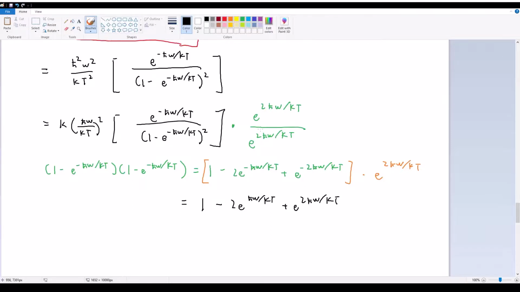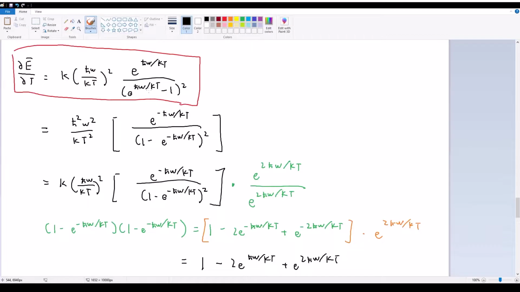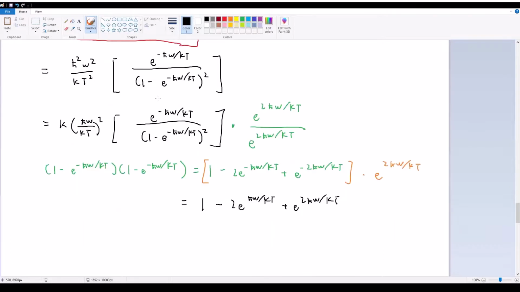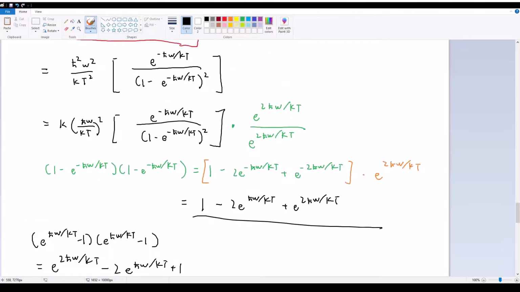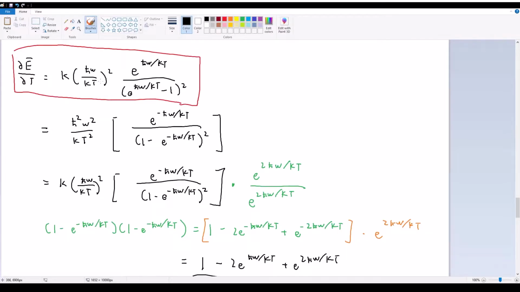So if I then compare that to what I'm expected to get, which is e to the h bar omega over kT minus 1 squared, so e to the h bar omega over kT minus 1 times e to the h bar omega over kT minus 1, this is going to give me e to the 2h bar omega over kT minus 2e to the h bar omega over kT plus 1, which is indeed exactly equal to up here. So therefore, this bottom term does in fact simplify to this upper term, and therefore we are done with this part of the problem.